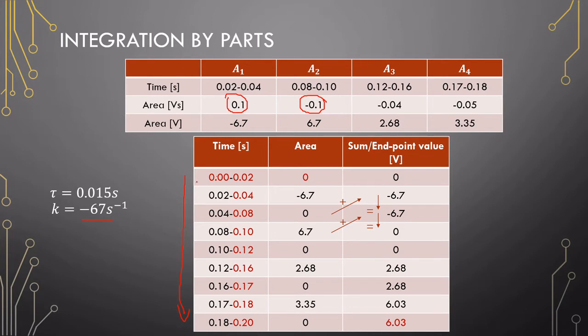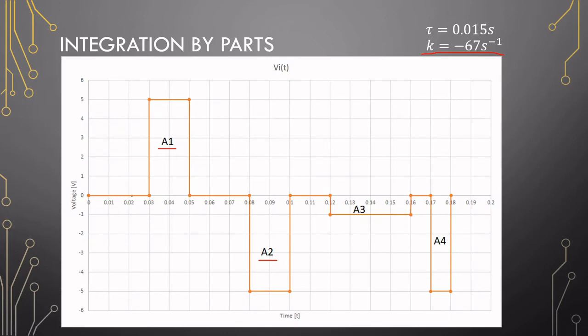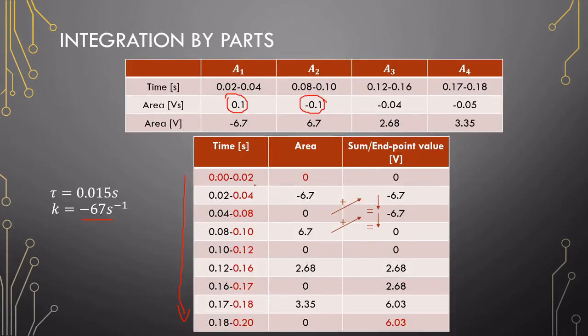Okay, so between the time 0 to 0.02, no area is added. Okay, nothing happens. Then from 0.02 to 0.04, minus 6.7 volts is added.